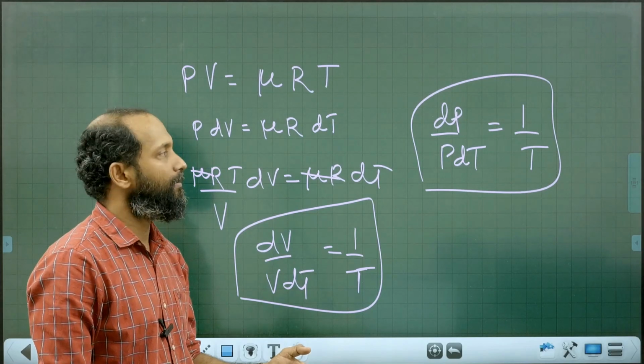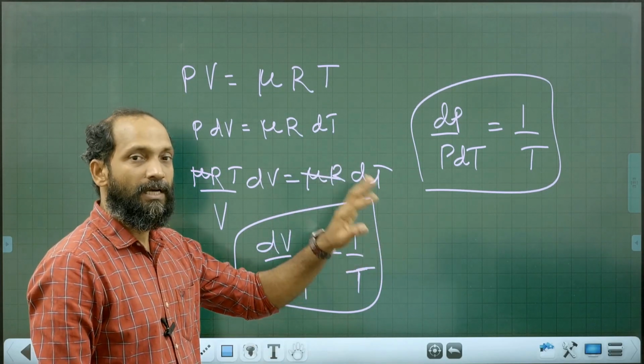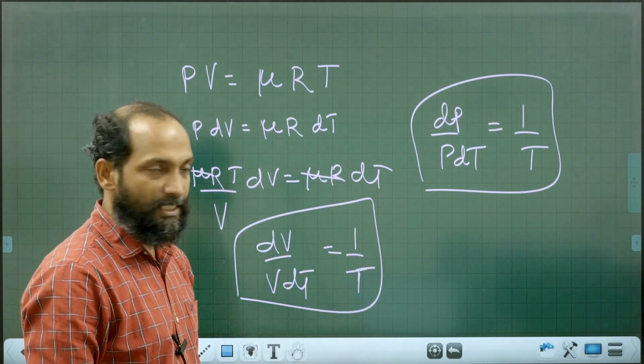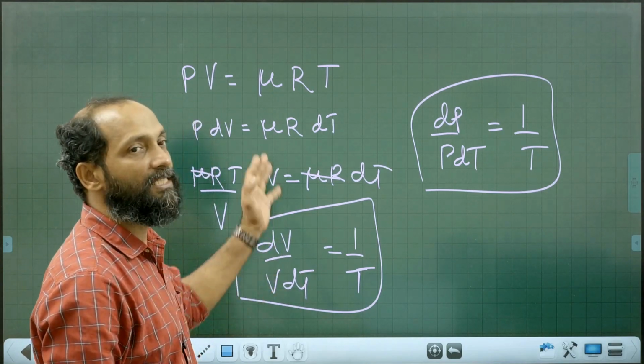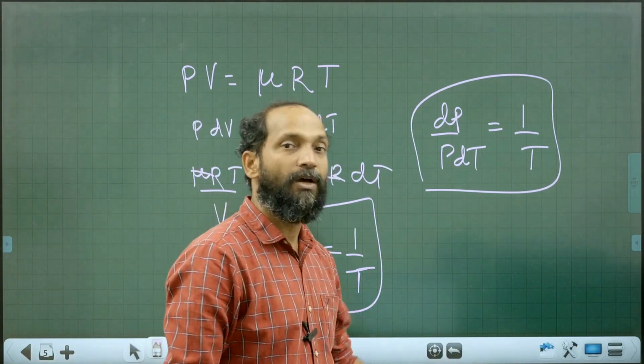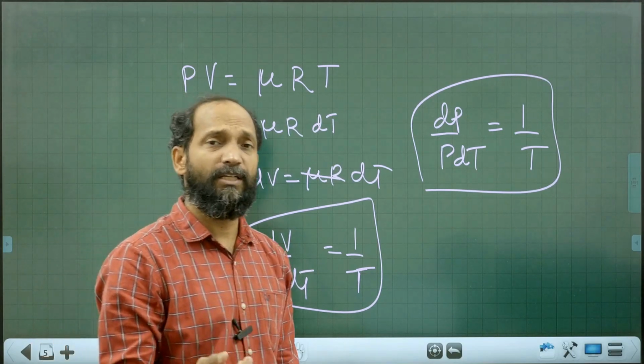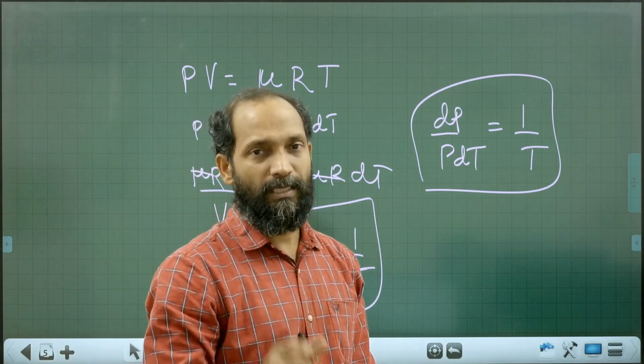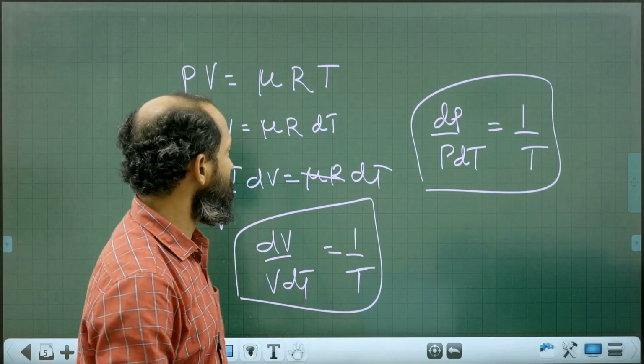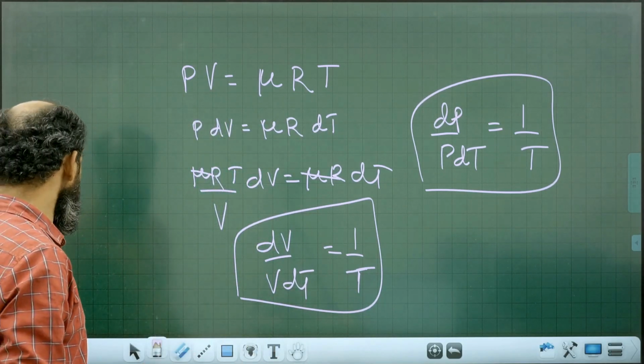Rectangular hyperbola. Pressure expansivity and temperature, rectangular hyperbola. What is the ratio of pressure expansivity and volume expansivity of ideal gas? 1:1, because they are equal. What is that? 1 by T, T is the Kelvin temperature. It's very important. Learn this by heart.